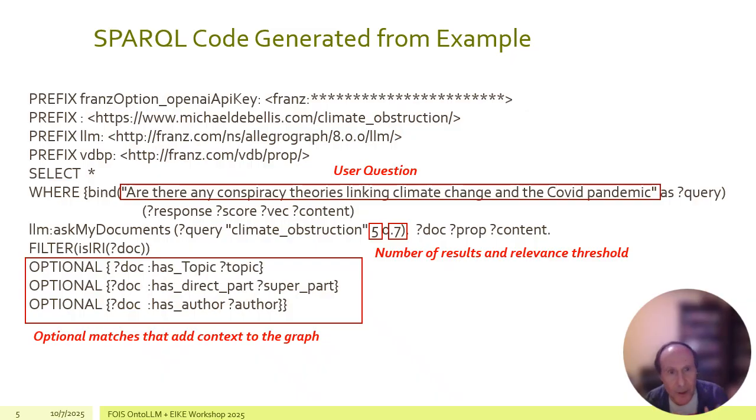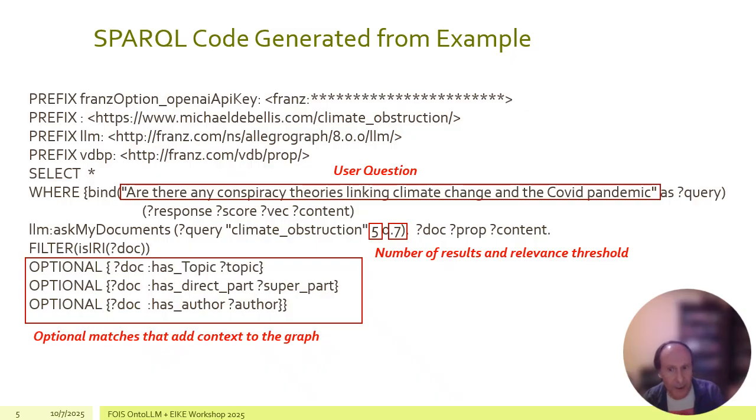And the thing that's doing most of the heavy lifting here is what AllegroGraph calls a magic property. In this case, the magic property is called llm:askMyDocuments. You can see it's in the middle there of that where statement. A magic property is a proprietary extension for AllegroGraph, and it looks like a property. If you look there, it's in the middle, which is where you would normally have a property.